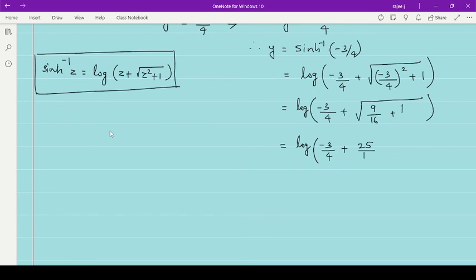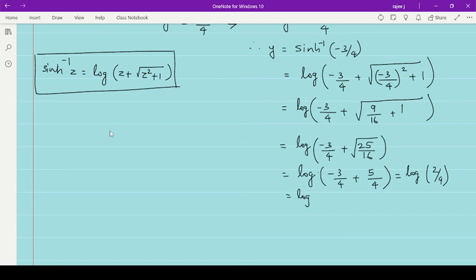You need not do all this; you can simply write minus 3 by 4 plus root of 25 which is 5, and root of 16 which is 4. So it is log of 2 by 4, which is log of 1 by 2.